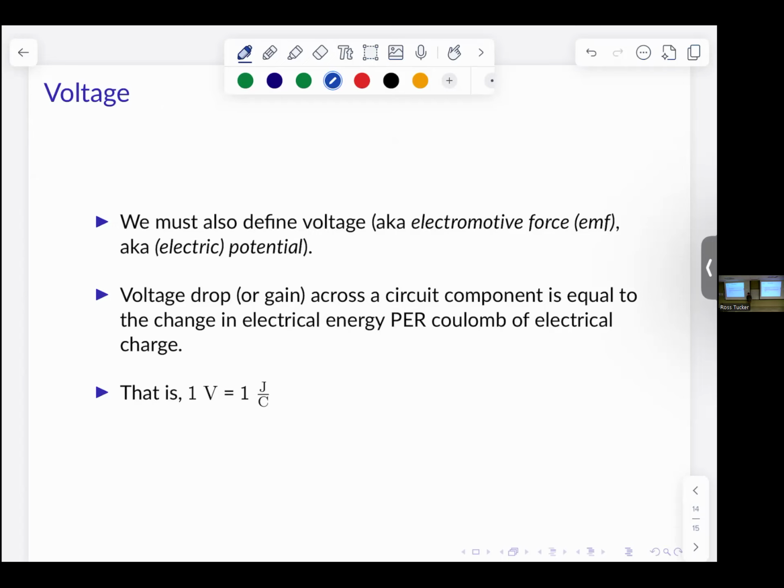I'm sorry for the proliferation of terms. There are also like 3 different symbols that we use in equations. E&M generally, circuits have crappy notation, I'm sorry. It's all for historical reasons. Okay, so first thing to know about voltage is it's got a million different names.